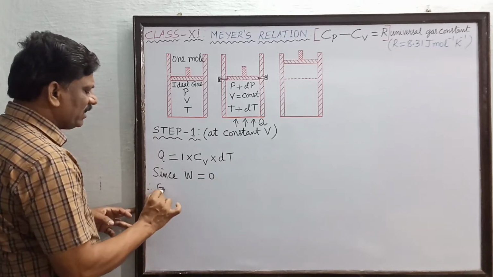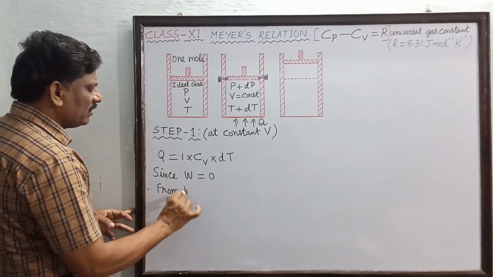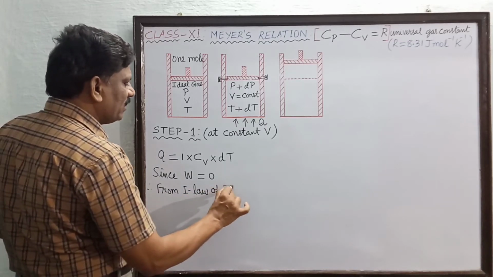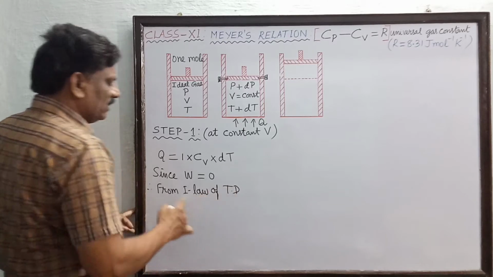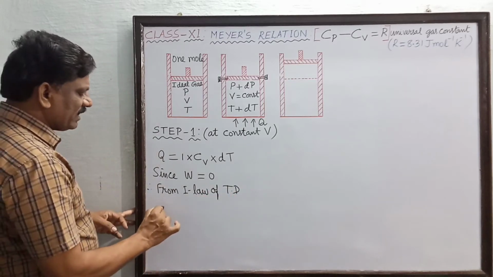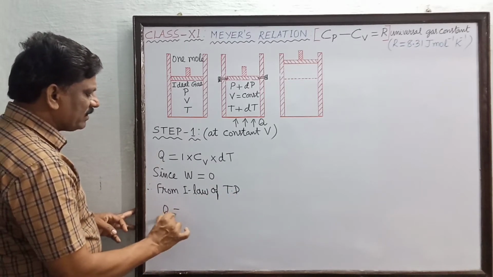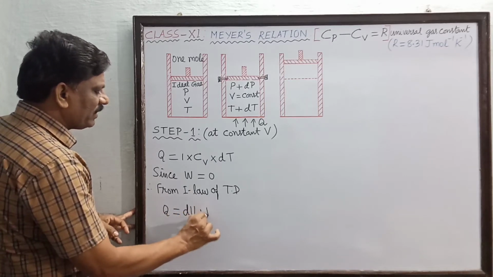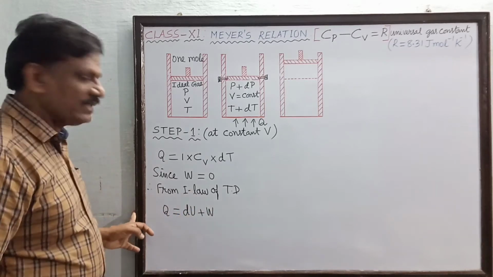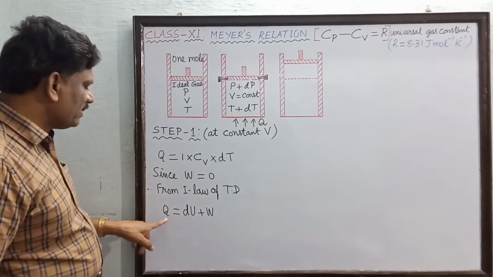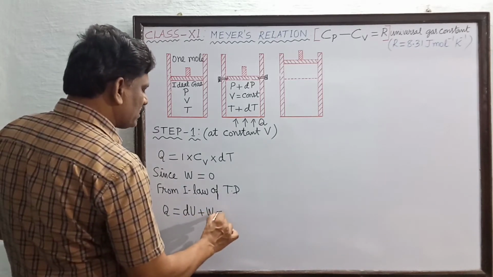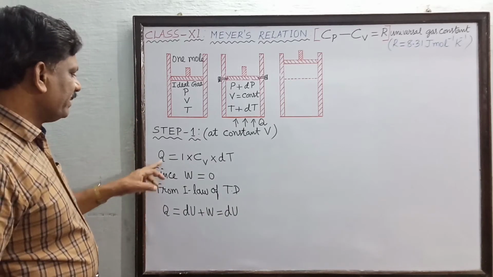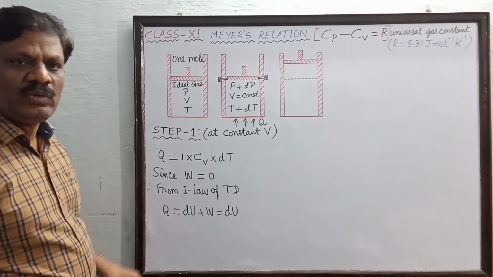Therefore, from the first law of thermodynamics, which states that Q is equal to the change in internal energy of the system plus W. Here W is equal to 0, so Q must be equal to dU. So the quantity of heat supplied Q is equal to CV into dT.